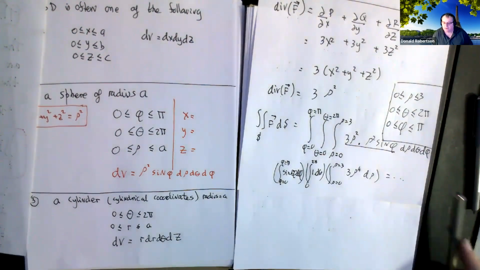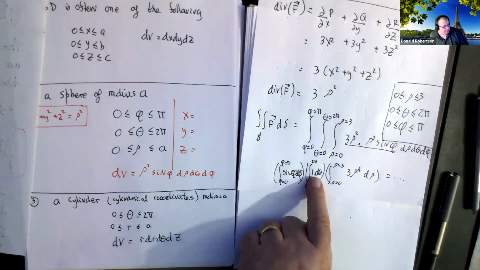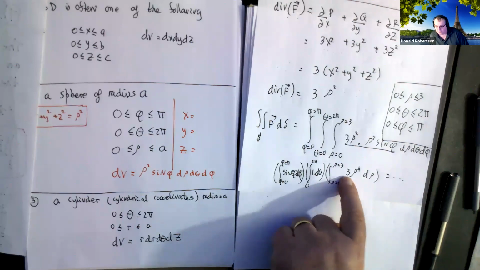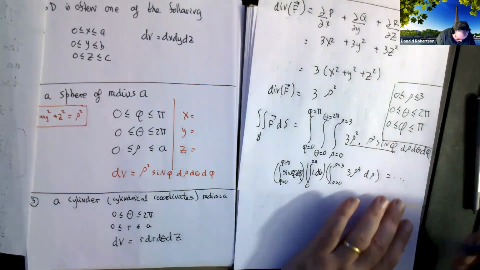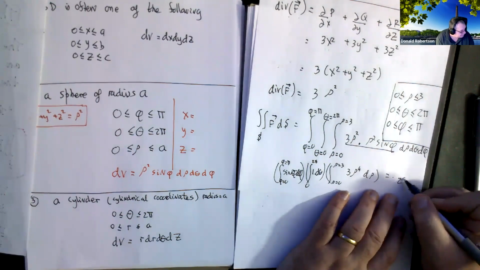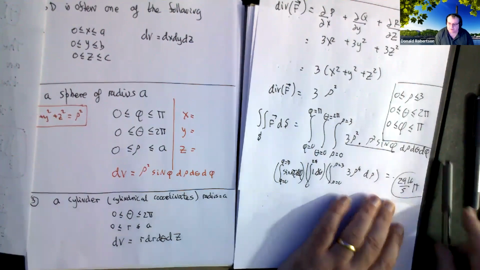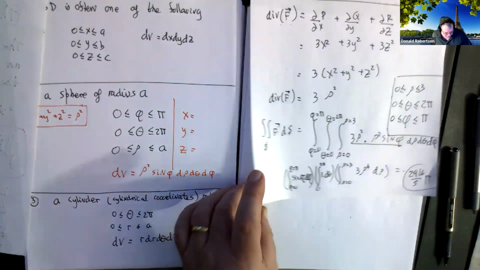Would you agree you could finish that? That'll get you a negative cosine. That will get you 2 pi, and that will get you whatever it gets you. And according to whatever that is, that's what the final integral, if you take it to the end, would be.